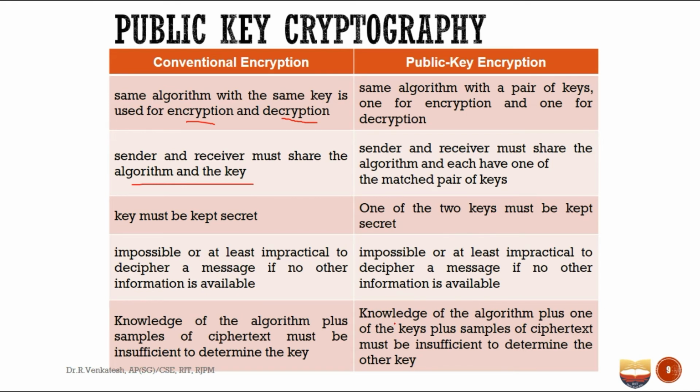Here, knowledge of the algorithm plus one of the keys plus samples of ciphertext must be insufficient to determine the other key, or private key. So this is the difference between conventional encryption and public key encryption.